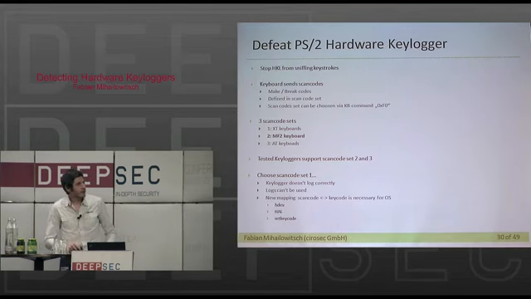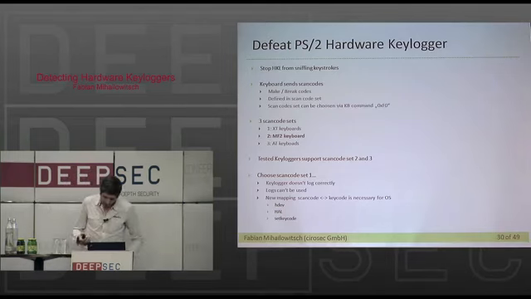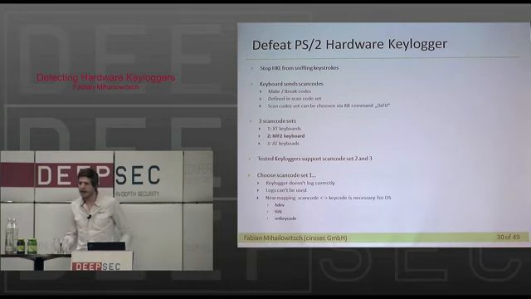We normally use scan code set 2. And the cool thing about that is all the hardware keyloggers I had just understood scan code set 2 and 3. So if you switch to scan code set 1, the hardware keylogger doesn't see what's going on and doesn't log any stuff, actually. So it is blind. It doesn't see what's happening.